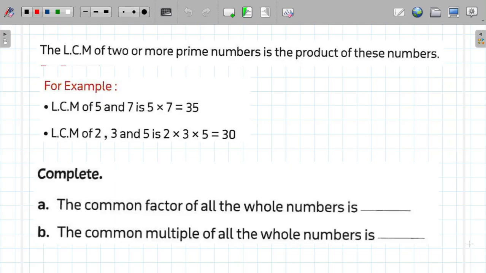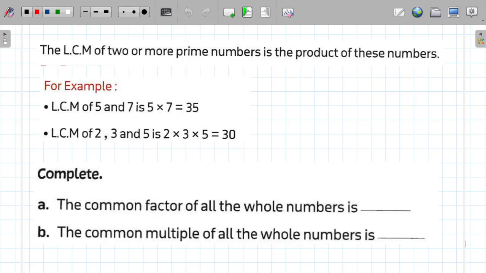Okay, next I have some remarks on this lesson. The first one is the least common multiple of two prime numbers, or more. The least common multiple of two or more prime numbers is the product of these numbers.